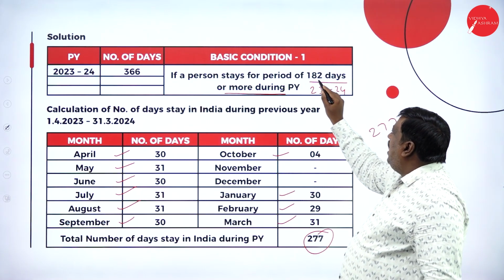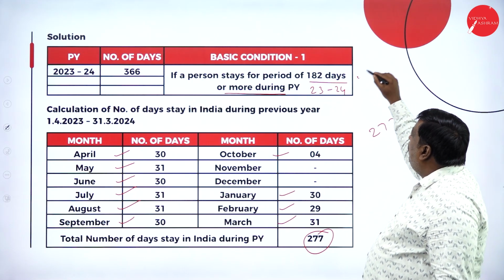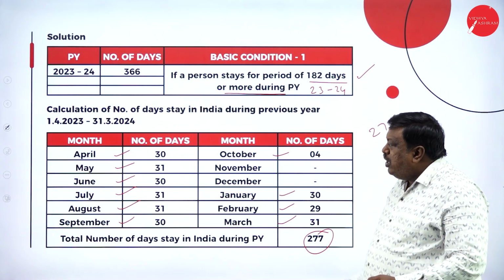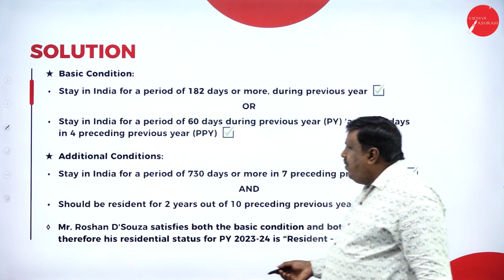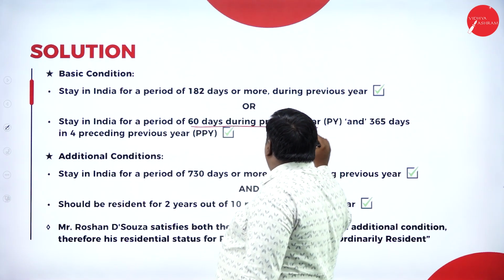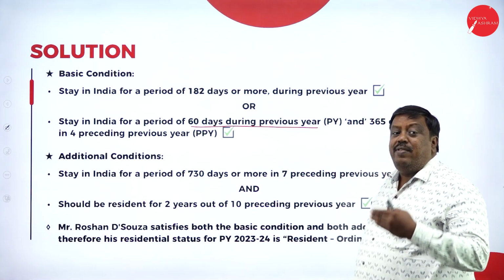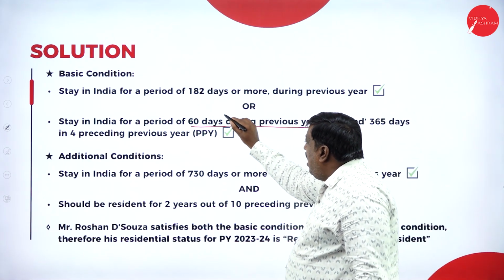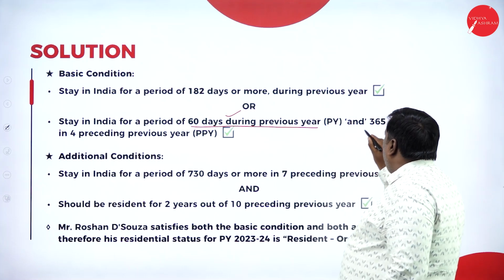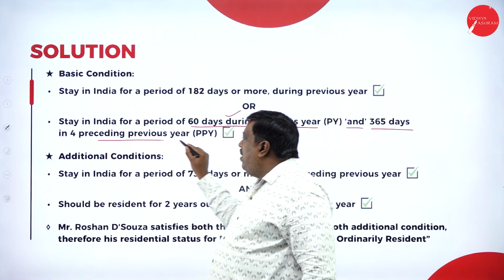How many days should I be here? 182 or more. So I've satisfied my first basic condition. What is the second basic condition? Stay in India for a period of 60 days during the previous year. But I have stayed in India for 277 days, more than that. So I've satisfied half of the basic condition. And 365 days in the 4 preceding previous years.